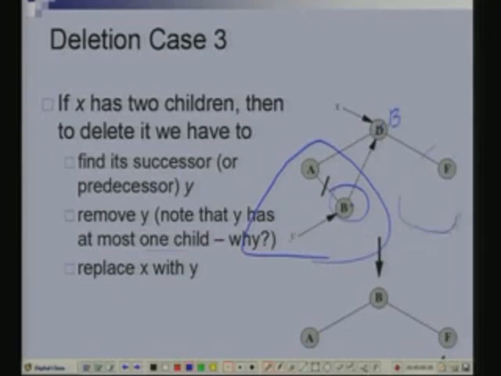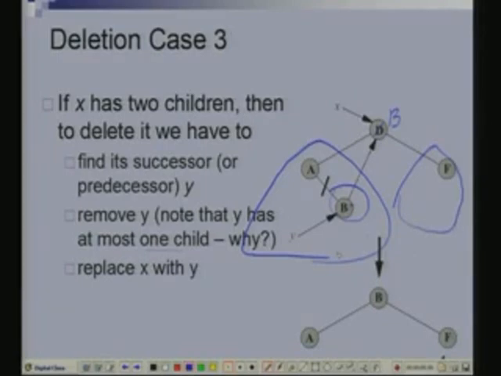Everything in the right subtree is more than d, and so it's also more than b. So by moving here, the search property again is not violated. So I can move b here, and now why can I delete b easily? Because b has either no child or one child, and we've seen already how to delete a node which has no child or only one child.